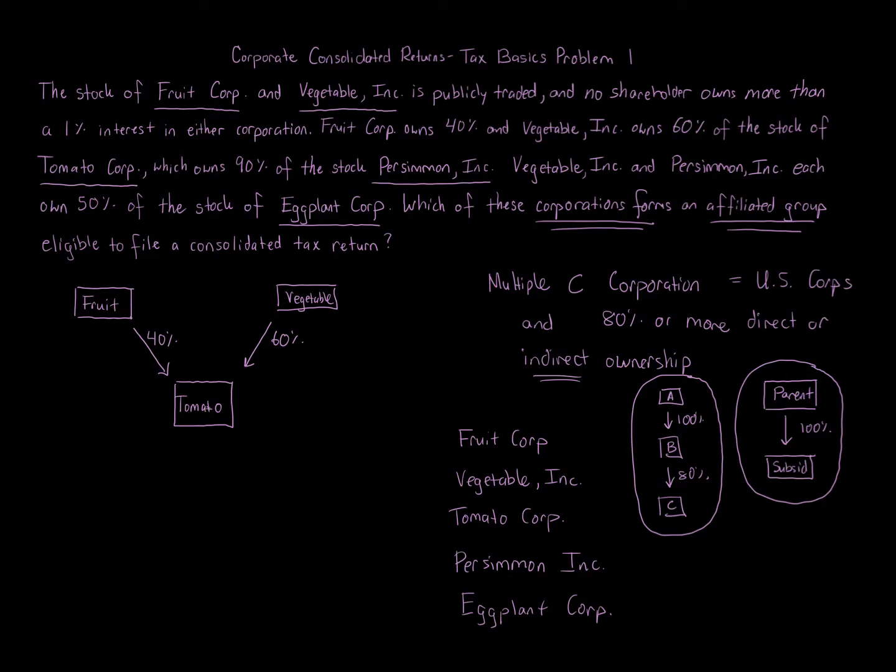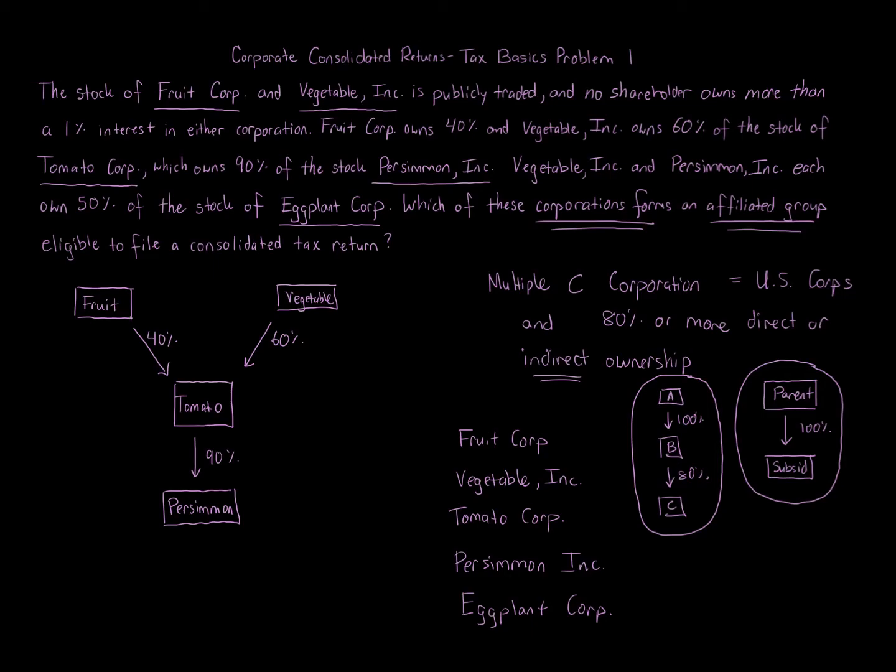And then we're also told Tomato owns 90% of Persimmon Inc. So we put a line below Tomato, to Persimmon. And that's 90%. Finally, there's one more, that's Eggplant, right?